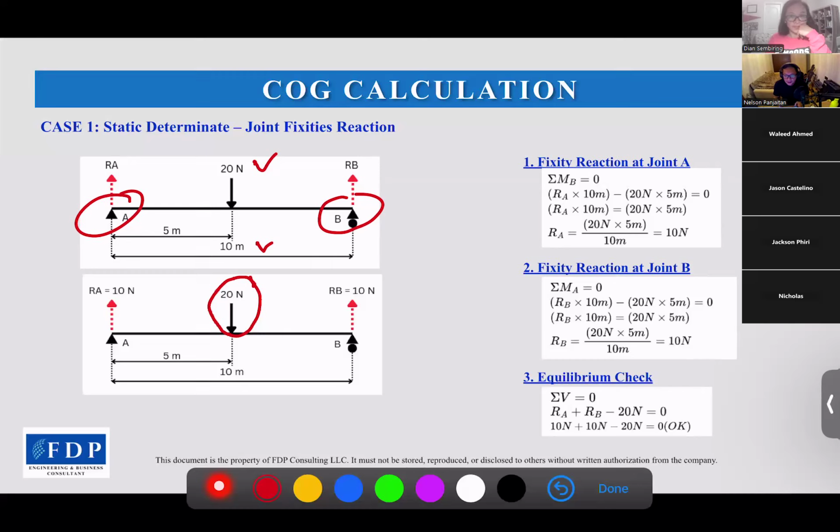Does anybody know about this static determinate before, or is this the first time? Did you learn it before? If this is the first time for you to learn, we can explain more. But if you already learned it in college, for example, it's easier for you to understand.